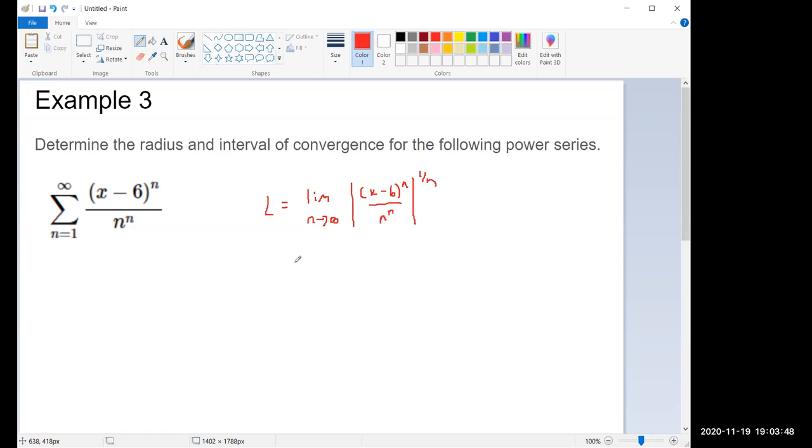Okay. And then let's simplify this. So this is the limit as n goes to infinity. When you take the nth root and simplify it, you get absolute value of x minus 6 over n. This is the root test.